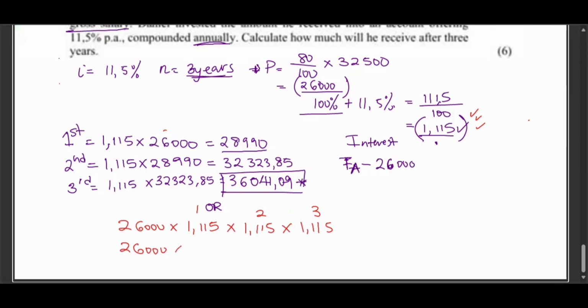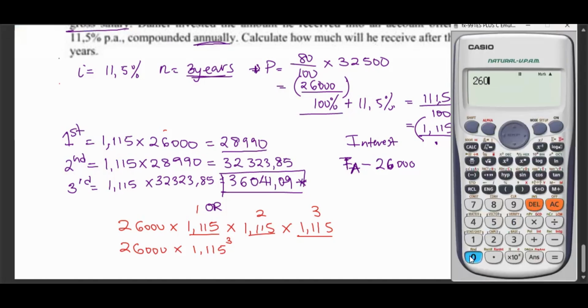Also the same as this to the power 3. Why am I powering 3? Because it appears 3 times. You have the same number 3 times, multiplying itself. So pick this, put it in the calculator: 26,000 times 1.115 to the power 3.